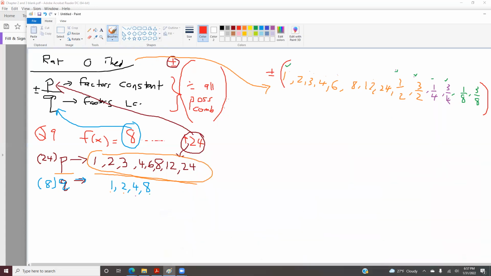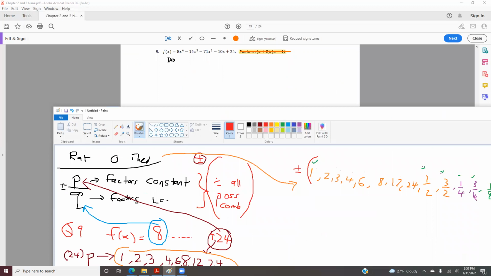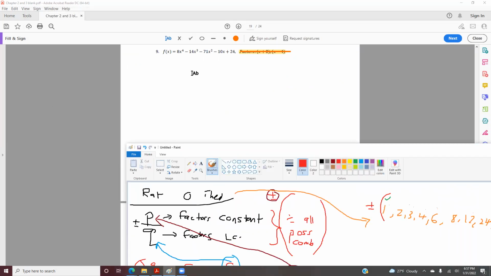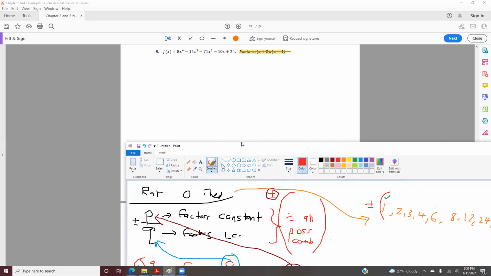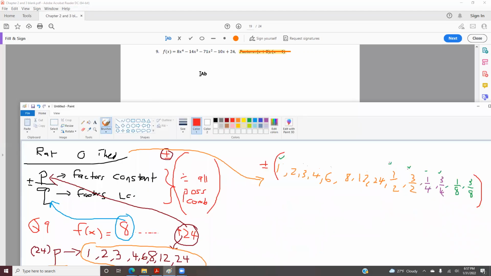Okay. And yes, can someone tell me what are the zeros on number 9 that we did last Wednesday? Anyone have my notes here? Can someone tell me what are the zeros here? Oh, it's negative 3/4, 1/2.